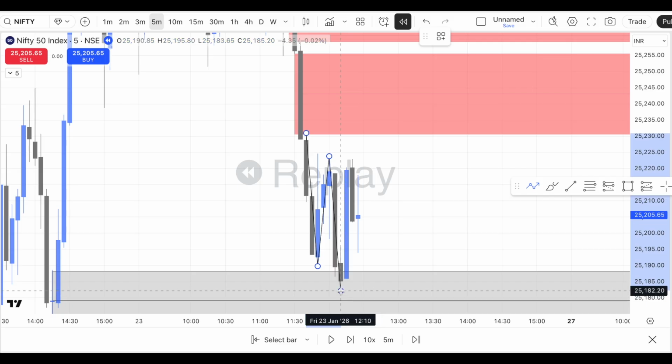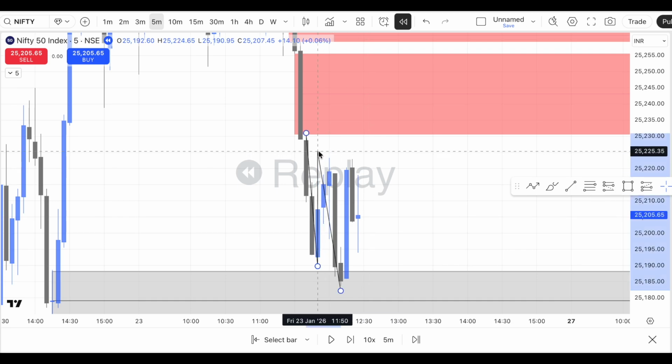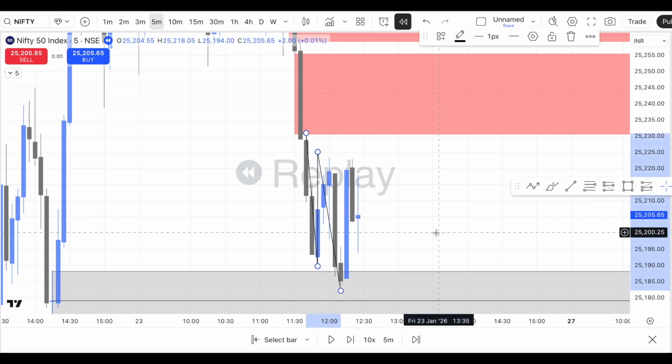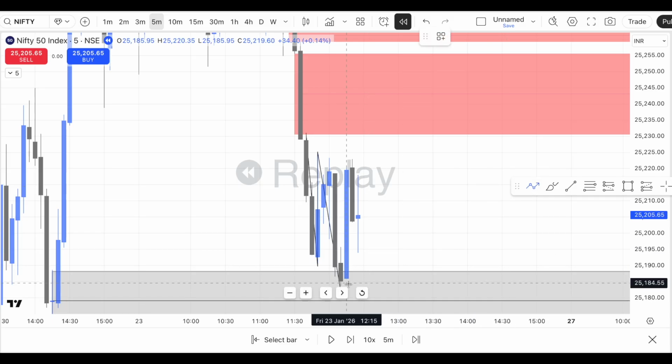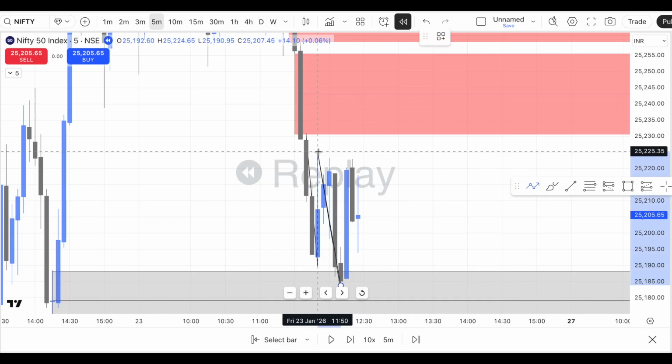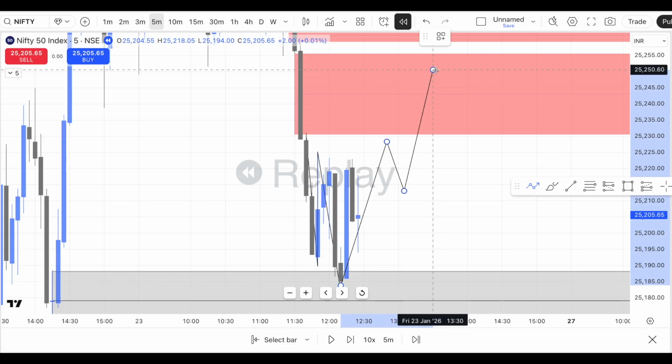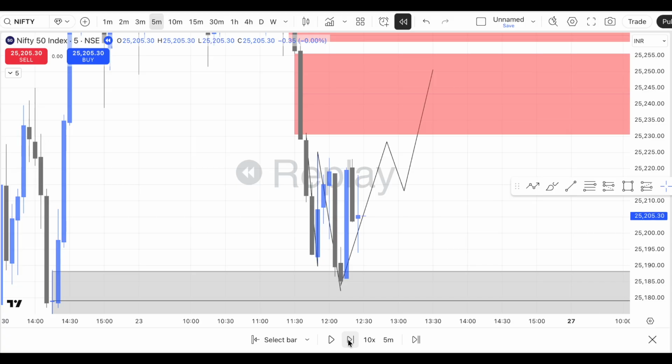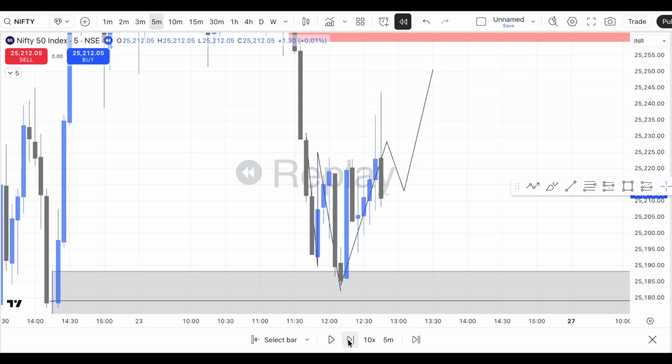Effectively this is your new high which broke the structure, and from here the market came and we wanted a closure above this before taking the market higher. This is how we always plan, right? So let's see what happened.